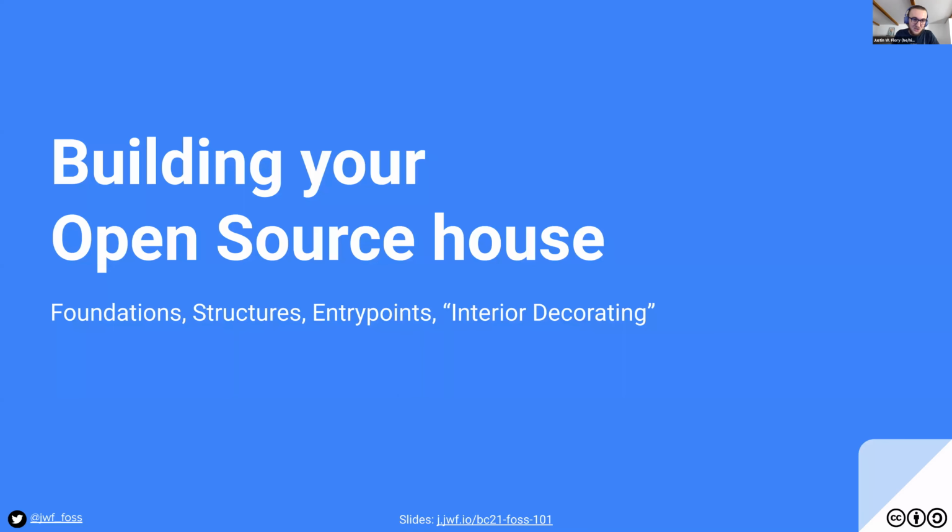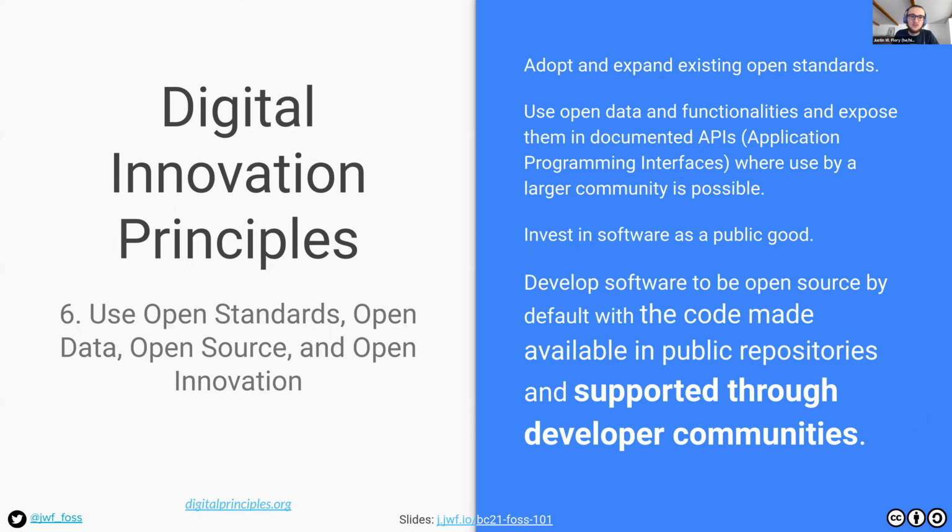So before we get into building the house, I like to start with the thing that helped start it all for us, at least in the Office of Innovation, looking back at these digital innovation principles, which were first drafted, I think, in 2009, and have been updated since. I like to hone in on this 6th part: use open standards, open data, open source, and open innovation.